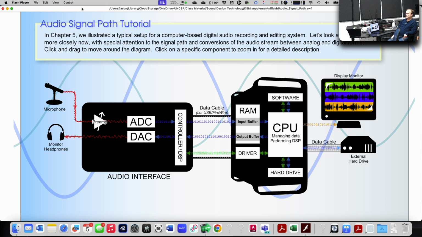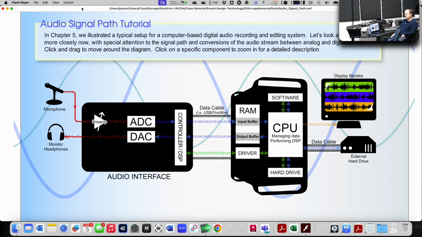It could count that number using 8 bits, or 16 bits, or 24 bits, or 32 bits, or 64 bits. It just depends. But the more bits, the more detail it can encode from that amplitude point of view. The difference between loud and quiet. How much resolution does it have to capture whatever that electrical level was?